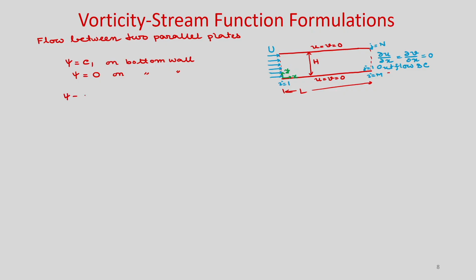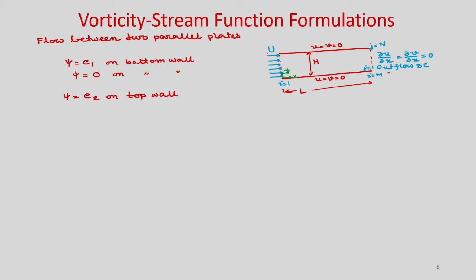Now we have to find the value of psi on the top wall. From the normal velocity condition, v equal to 0, so del psi by del x is 0, so along the x direction psi will be constant. Let us say psi is equal to C2 on the top wall. Now, how will we find this constant?